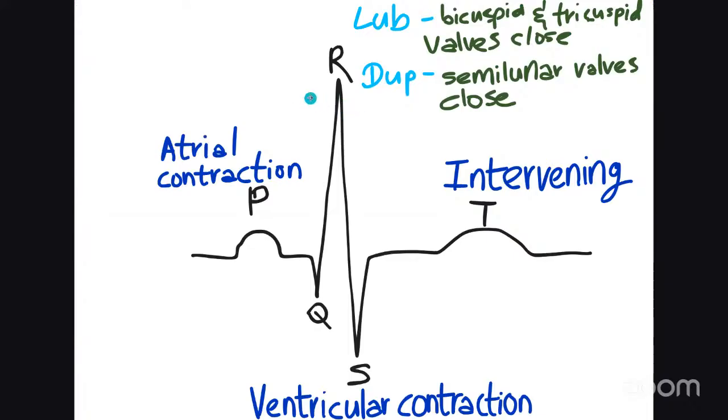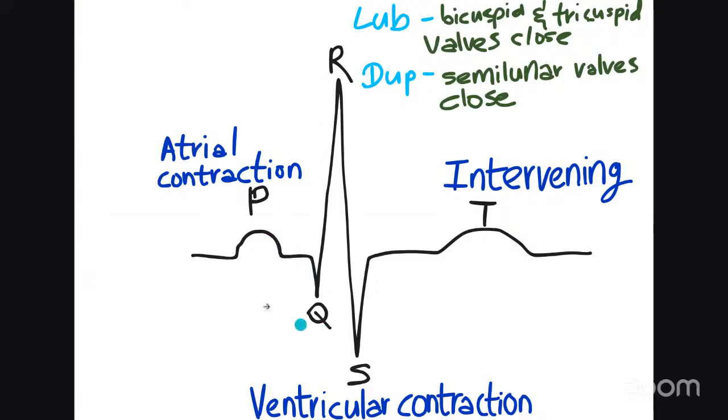Then moving on. You can see this is the wave. It starts with a P wave. The P wave shows you the atrial contraction. When the atria contract, it shows you the P wave. Then we have the QRS wave.